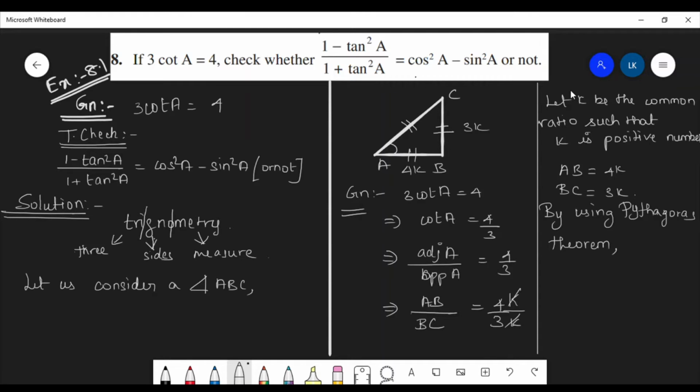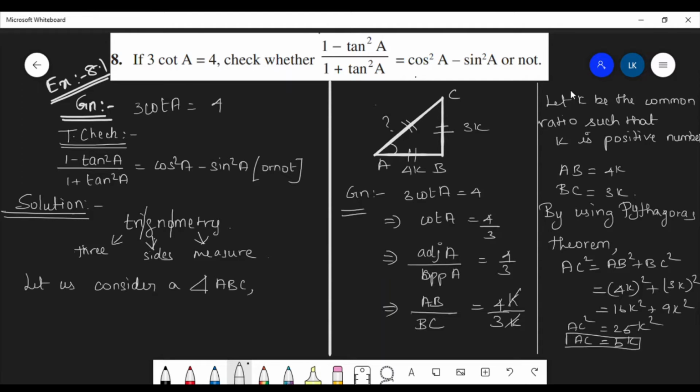Therefore AC square is equal to AB square plus BC square, which is 4k the whole square plus 3k the whole square, therefore 16k square plus 9k square, which is equal to 25k square. Therefore AC is 5k, and we have found the hypotenuse.